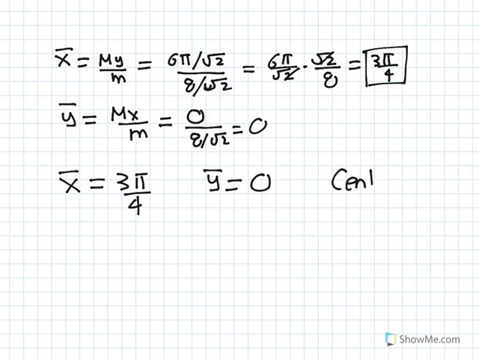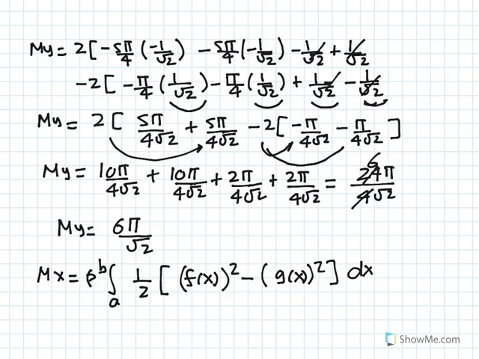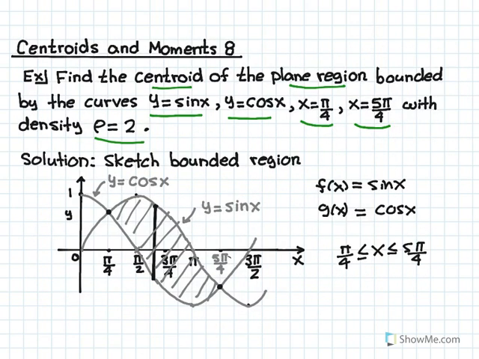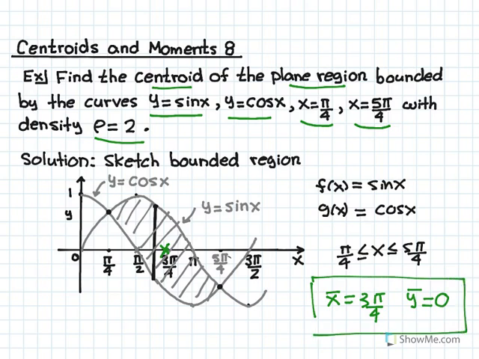This is a centroid. Let's show this on a diagram. So going back to the diagram, where is it? I think it's on page 1. All right, so the x-coordinate of the center of mass is 3 pi over 4. The y-coordinate is 0. So notice that we found x bar to be 3 pi over 4 and y bar to be equal to 0. All right, thanks.